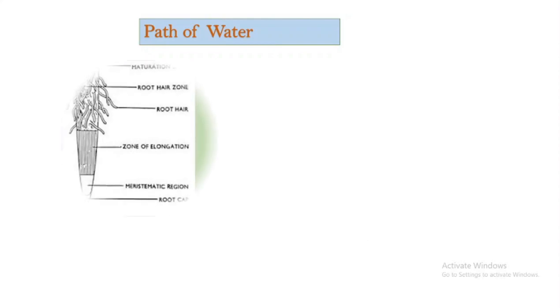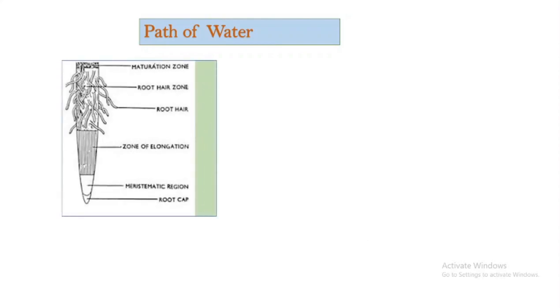Now we see the path of water. For absorption of water the plant requires a root system, and in the root system, the root hair is very important.